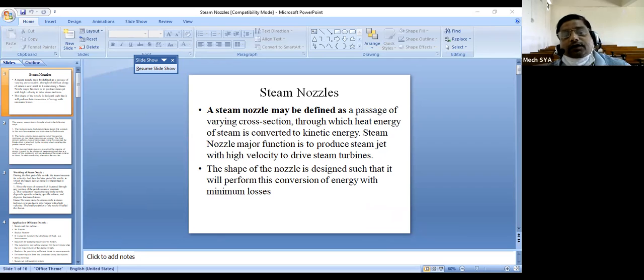Then the high velocity steam coming out from the nozzles impinges on the blades mounted on the wheel. Impinging here means it is bombarded on the blades of the turbine.